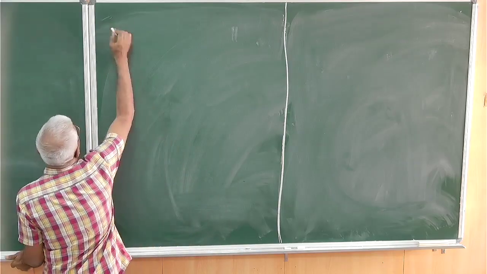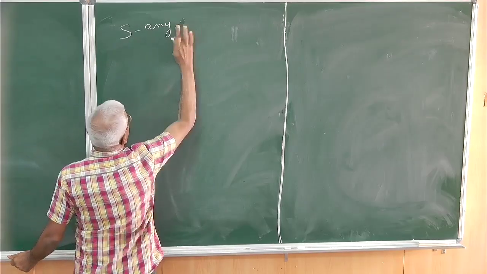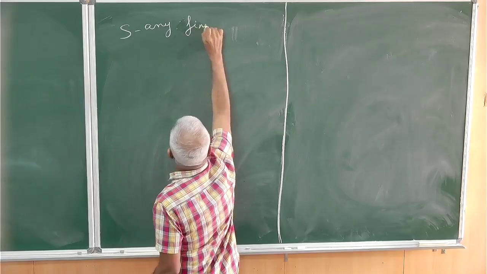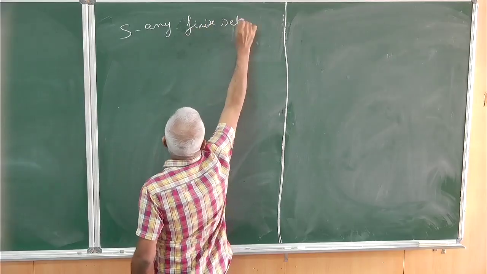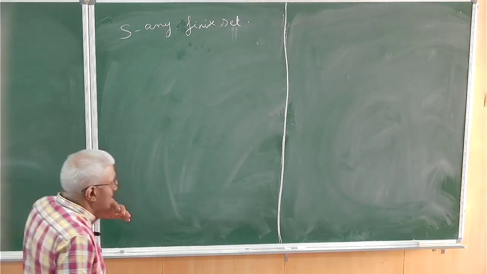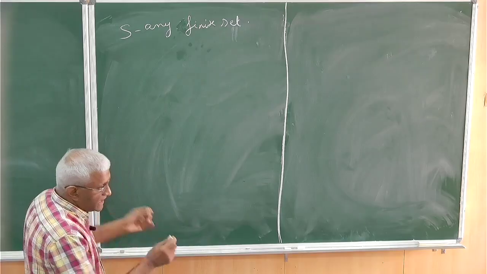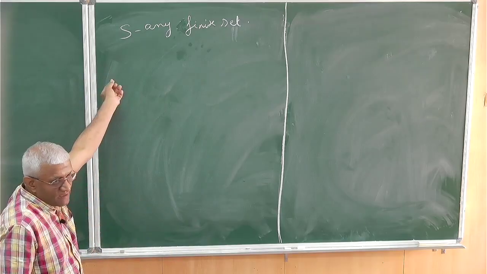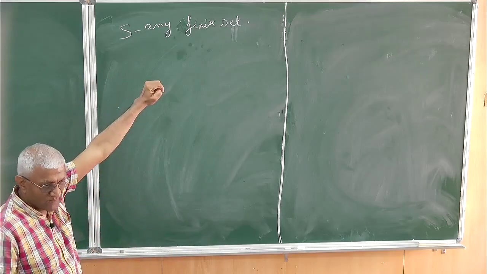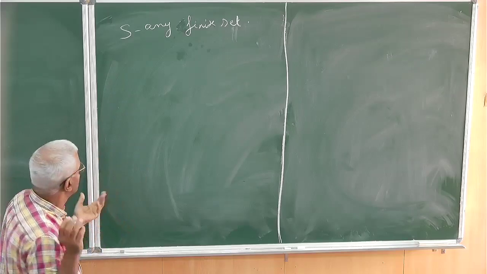So if S is any finite set, of course any message you will send comes from some set. So the alphabet will come from S, and a word will be in S^n, the cross product S power n.